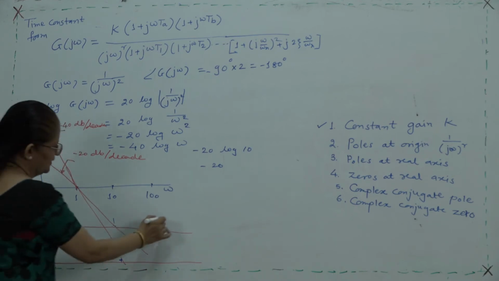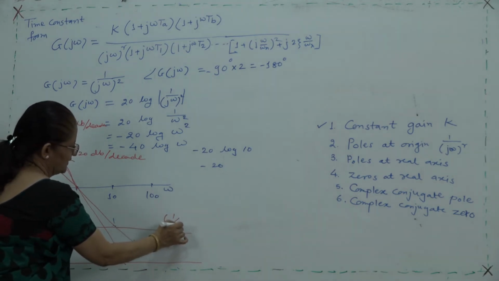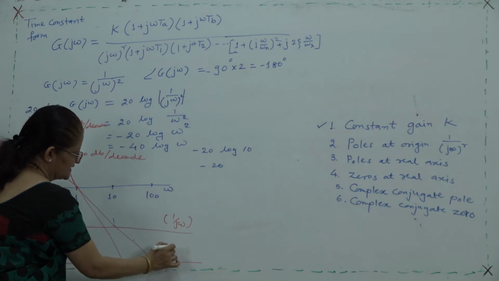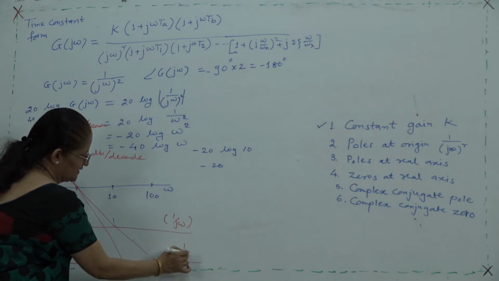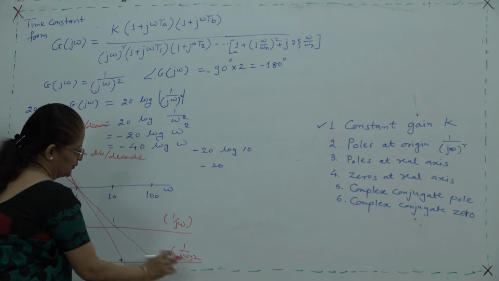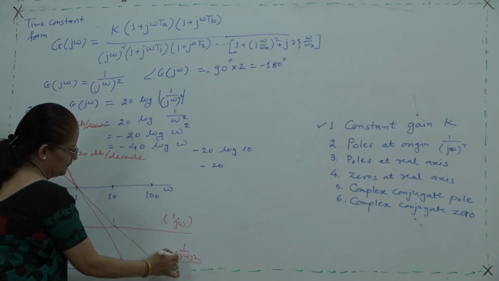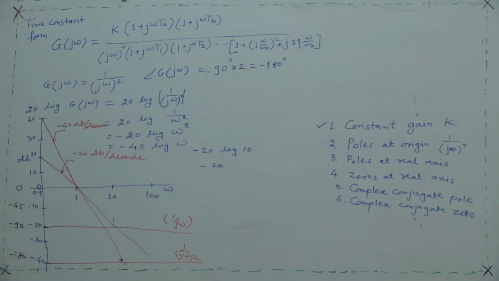So, this is for 1 upon j omega, and this is for 1 upon j omega raised to 2. Minus 90 and here minus 180, that is because of 2 you get a contribution of 2 times 90 degrees.